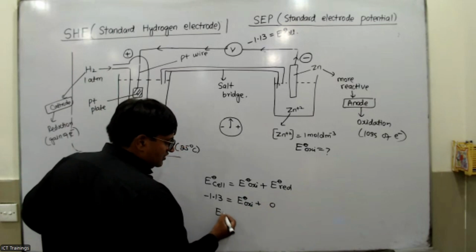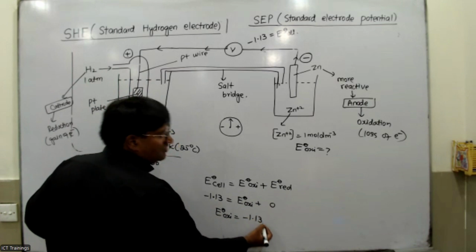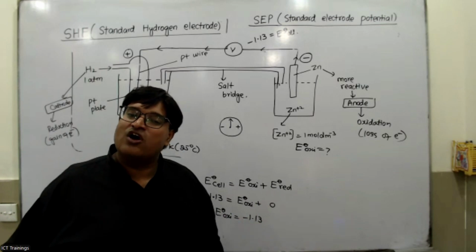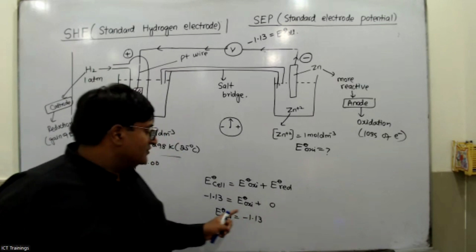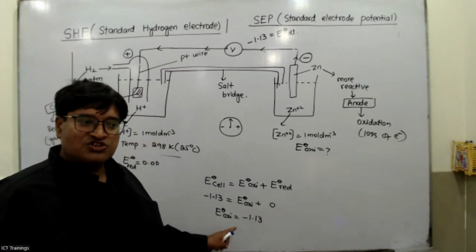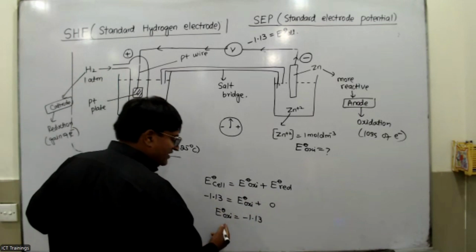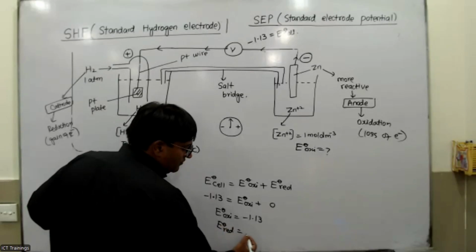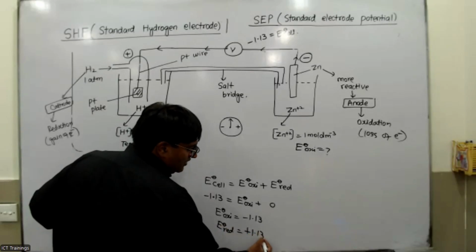So the E naught of oxidation up here is negative 1.13. I told you earlier that the standard method of writing E naught is in reduction form. So if you get the E naught in oxidation form, you should change it into reduction form. So it would become positive 1.13.